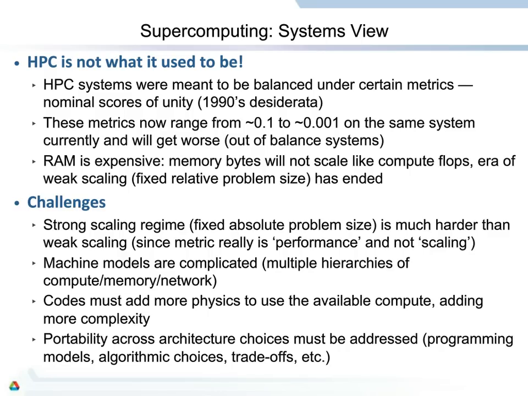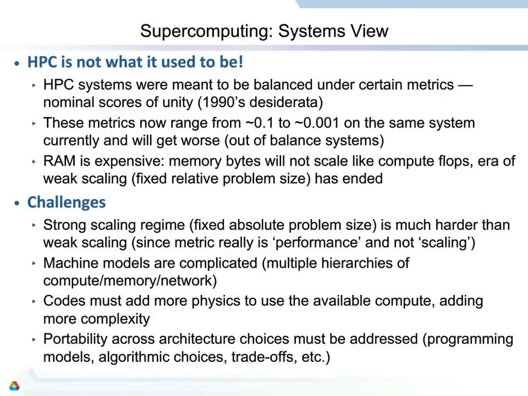What it meant was that the amount of the task related to a single processor basically didn't change. So as you produce for me a faster processor with the same amount of memory and more of these processors, I was perfectly happy. But that is now ending. And so the first challenge we have to face in scientific computing on supercomputers is that now that the memory is fixed, we have a fixed absolute problem size. Although the memory is not quite fixed, but it's going very slowly.